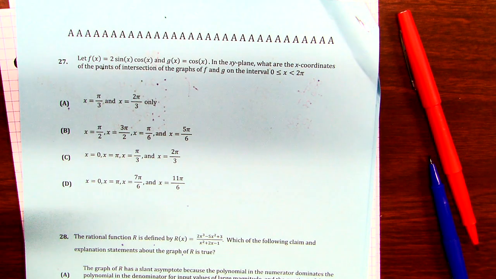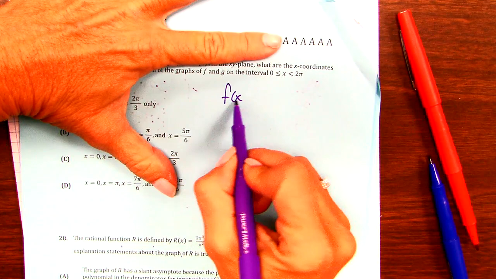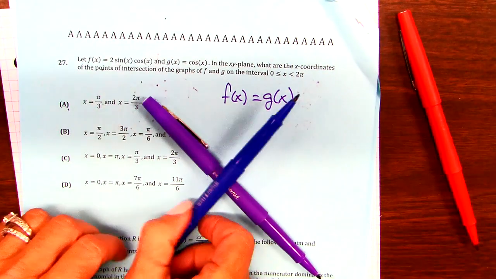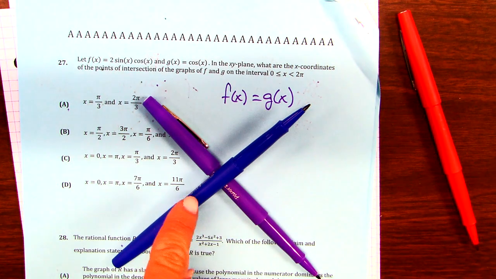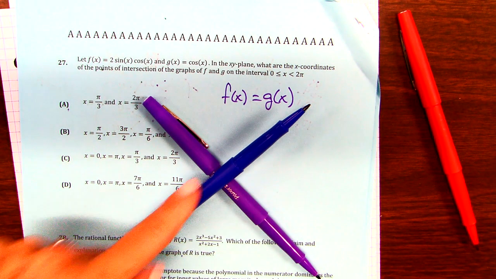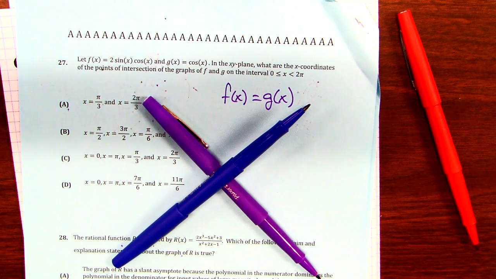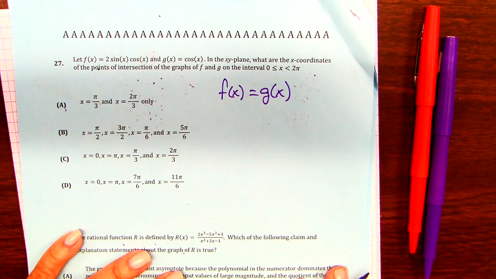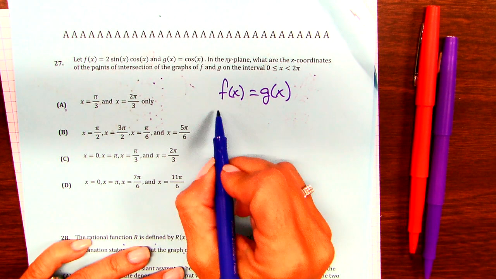But when you're doing it by hand, what you're going to do is set your functions equal to each other. Because remember, where two lines intersect, they share the same point. So where the two points intersect, they have the same x, they have the same y. They want to know the x, so we're just going to set them equal to each other and solve.